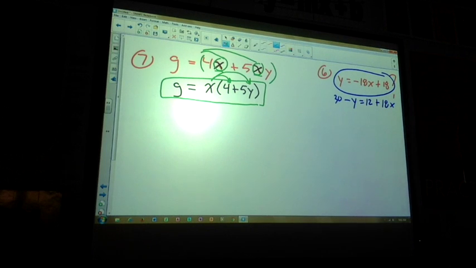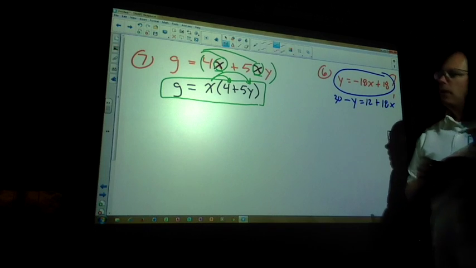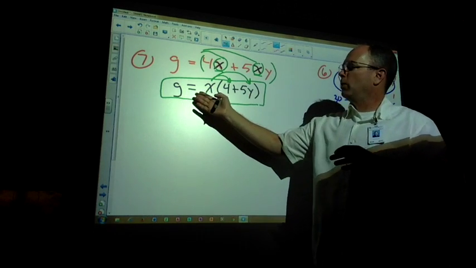Okay, so think about the math that you know. If you distributed the x over, you would get the original problem, right? Yeah. So if I undo distributing, I'm finding the common factor and pulling it out. That's called factoring. I'm factoring a factor out. Okay. Does everyone feel comfortable with that so far?